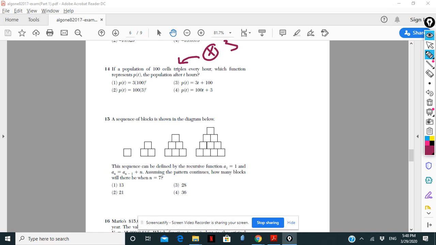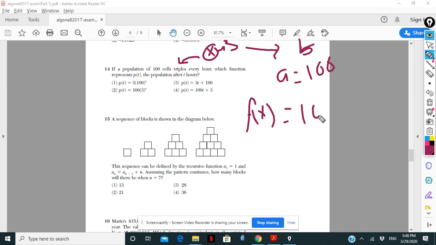I multiply by 3, so 3 is the R, or the B, and A is 100. So I'm going to say f of x or p of x, the initial amount 100, the rate which is 3, to the power of a variable which represents the time.